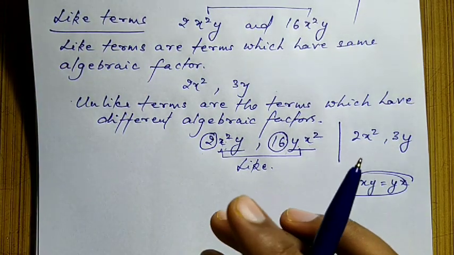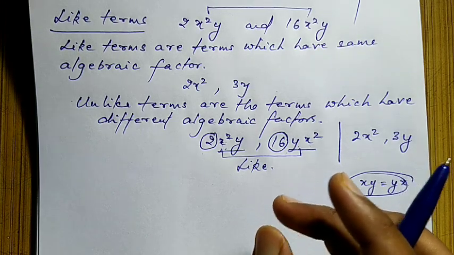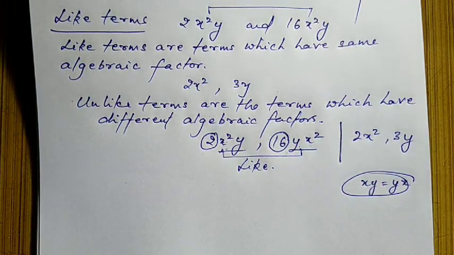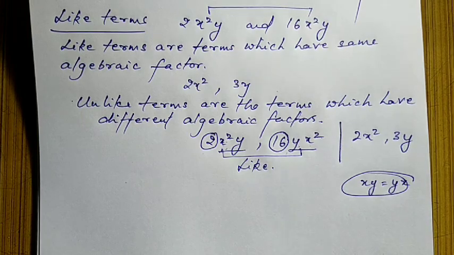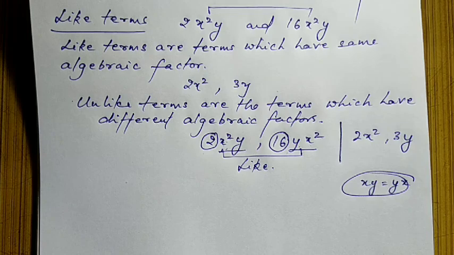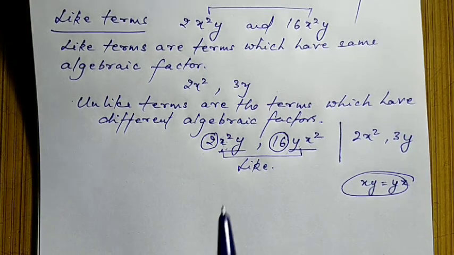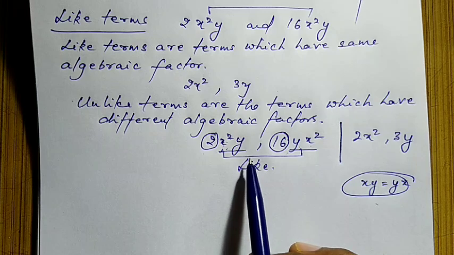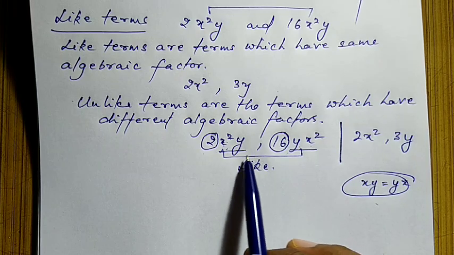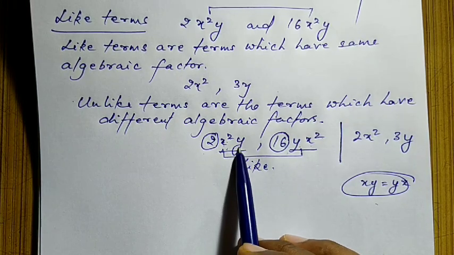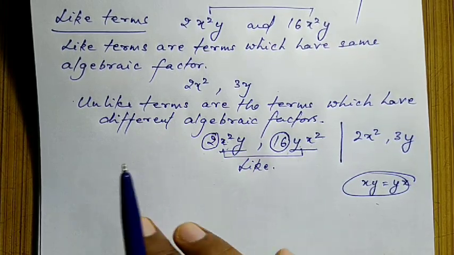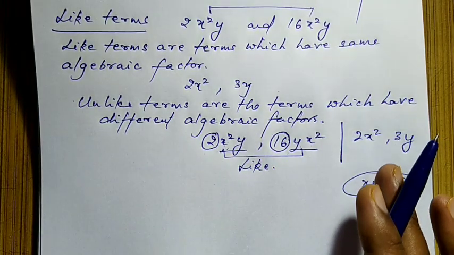Two things do not matter. First, the numerical coefficient of the term, I already told, and second, the order in which the variables are multiplied in the term, means x square y is written here, and here y x square. So the order does not matter.